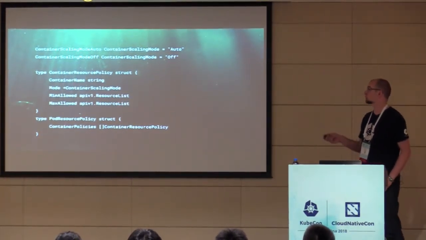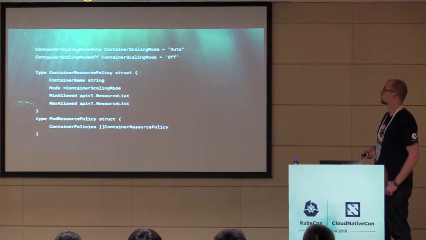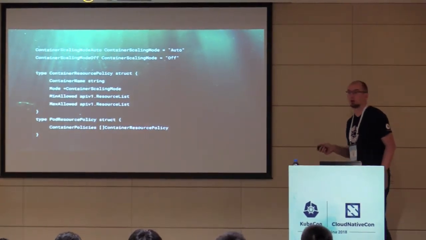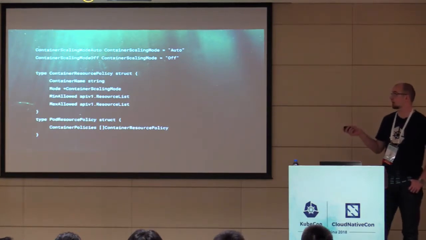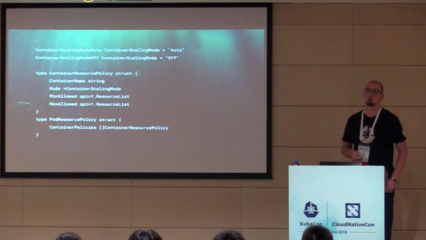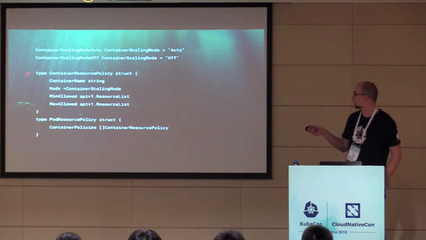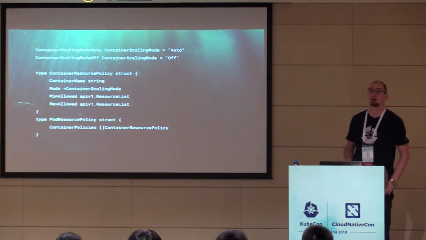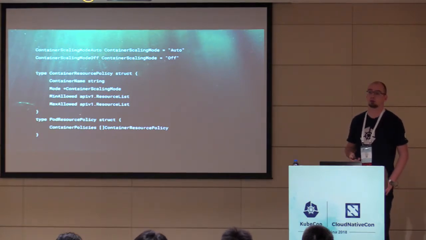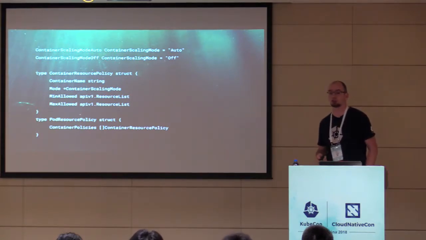And of course, you can specify whether you would like this container to be autoscaled or not. Why is it important? Because you don't have to specify it for every single container in your application. You may use a wildcard pattern, asterisk, here. And in that case, you will be applying the Vertical Pod Autoscaler to all containers inside of your pods.